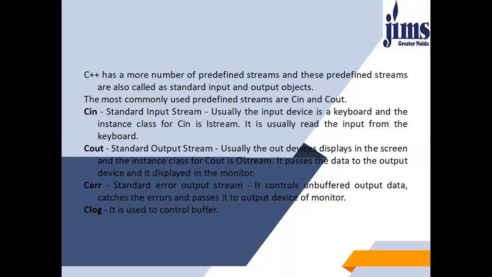In programming, common characters that do not produce a visible image on a page or in a file are referred to as white space. By default, the extraction operator in C++ will ignore leading white space characters. The extraction operator will remove leading white space characters from the input stream and discard them.